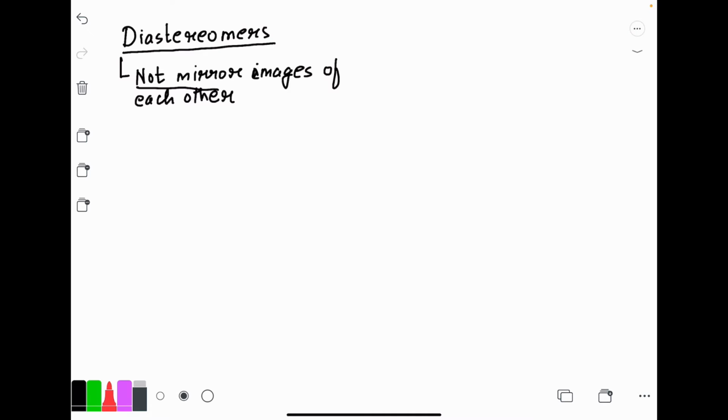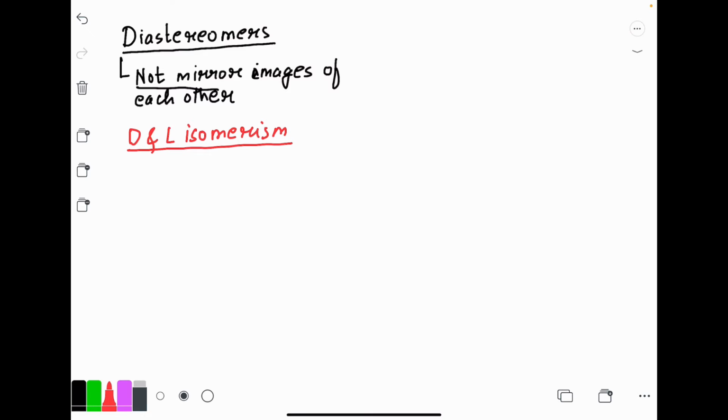Next is D and L isomerism. This is a bit confusing. Do not confuse this D and L with the dextro and levorotatory d and l. This is not in any way related to that.